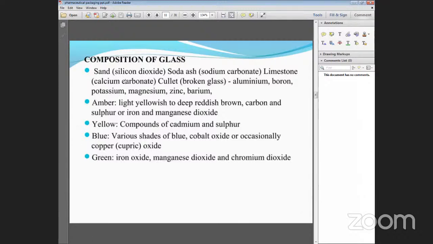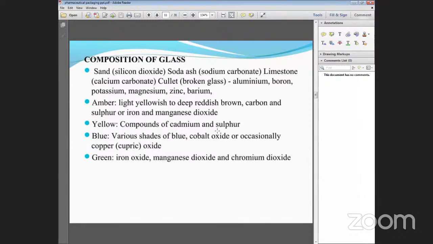Now you have to keep in mind the first ones, sand and soda ash. These are the common ingredients. By using these common ingredients, we prepare a transparent white glass. If we need to prepare amber color, we just add carbon and sulfur or iron and manganese dioxide. If we need yellow, we add cadmium and sulfur.